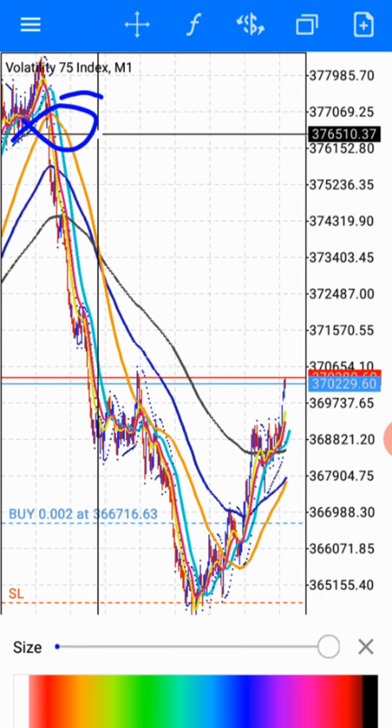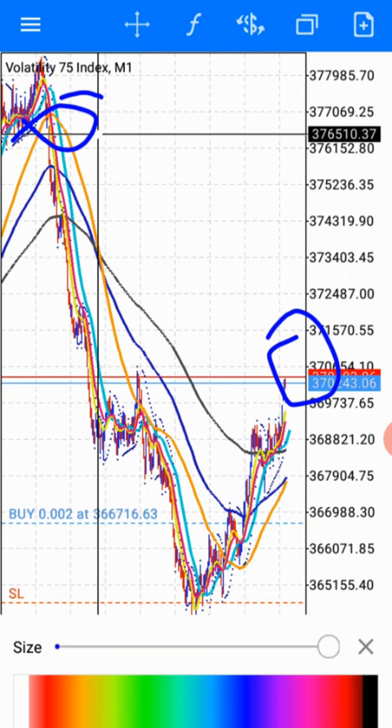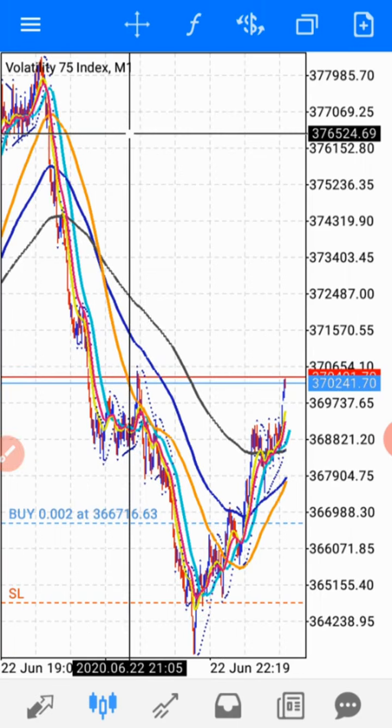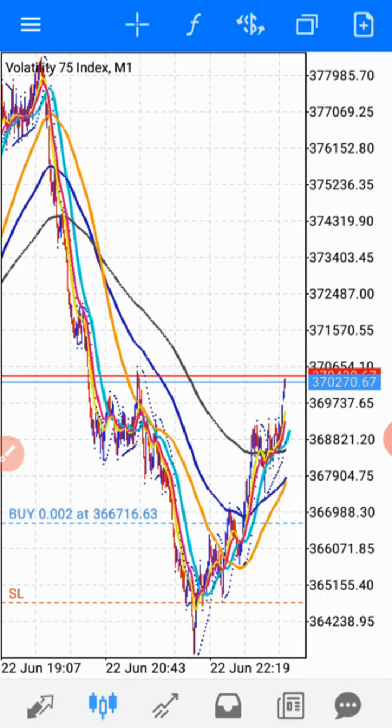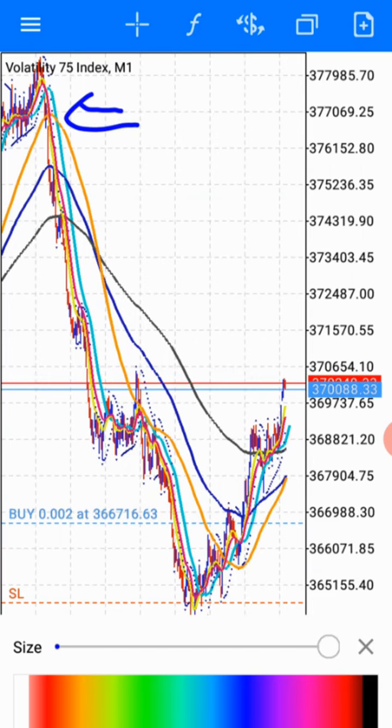We know that. Just like here, what is happening here? See, the price got here before the moving averages got there. The same thing happened here. Before the moving averages got here, before they crossed here, the price was around here.